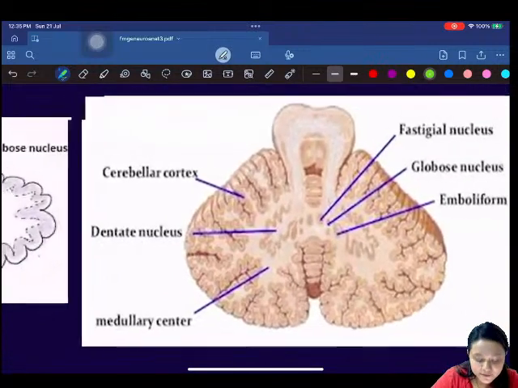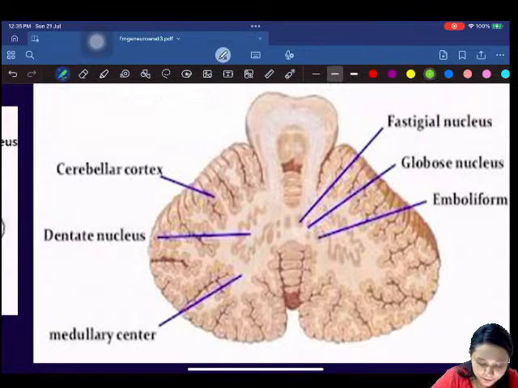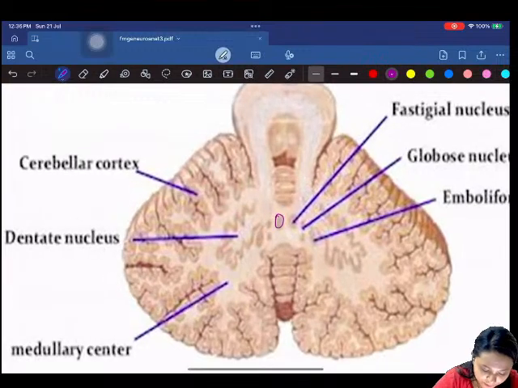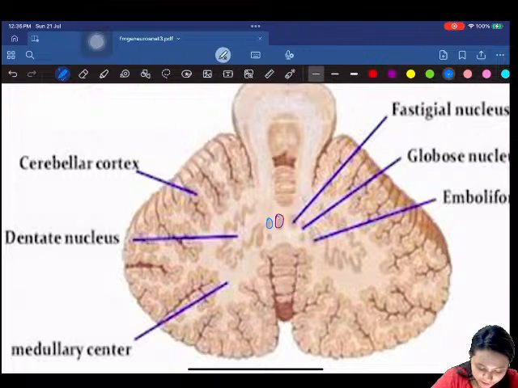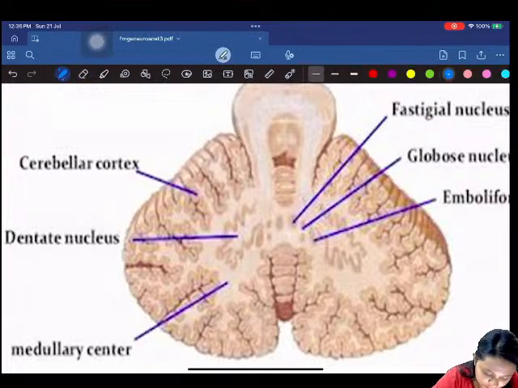Sometimes they might ask in a cadaveric image as well. So they might put a point on the most medial structure. So the most medial structure here is the fastigial nucleus. After the fastigial nucleus you have the globose nucleus.